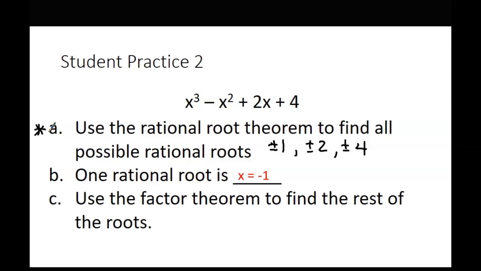Now I've already told you about B. But John, if x minus 1 is my root, what's the factor? All right. And Gabrielle, at this point we would do synthetic division.